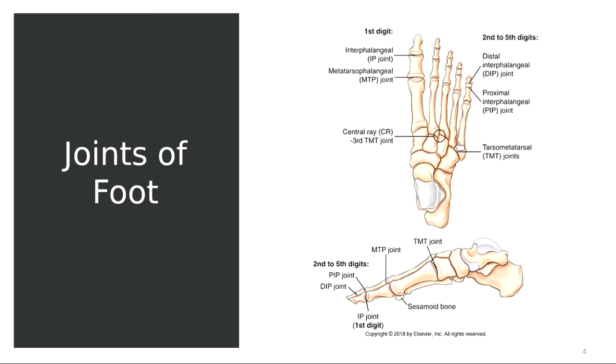And then you have metatarsophalangeal joints where the metatarsal connects to the proximal phalanx. We have interphalangeal joints, and the first one would be the proximal interphalangeal joint between the proximal phalanx and the middle phalanx, and the distal interphalangeal joint, which is between the middle and distal phalanx.